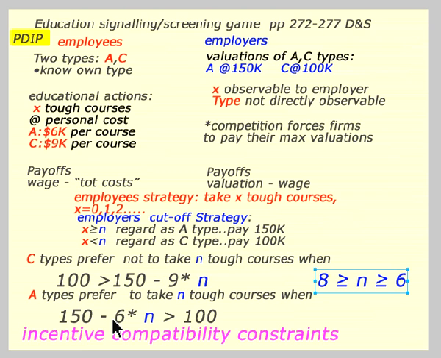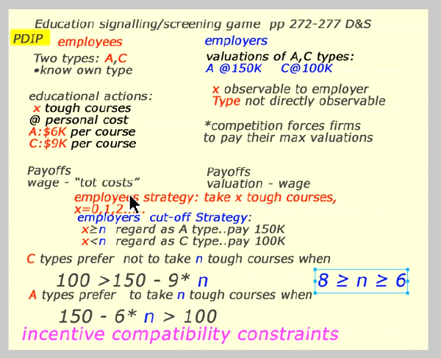But here we're trying to concentrate on the idea of a separating equilibrium. We can get a separation of the types, so the types reveal their actions. Employers are willing to pay 150 for someone who does a course of 6 units, and 100 for someone who does none. When they're willing to pay that, the types will self-select into those two categories.